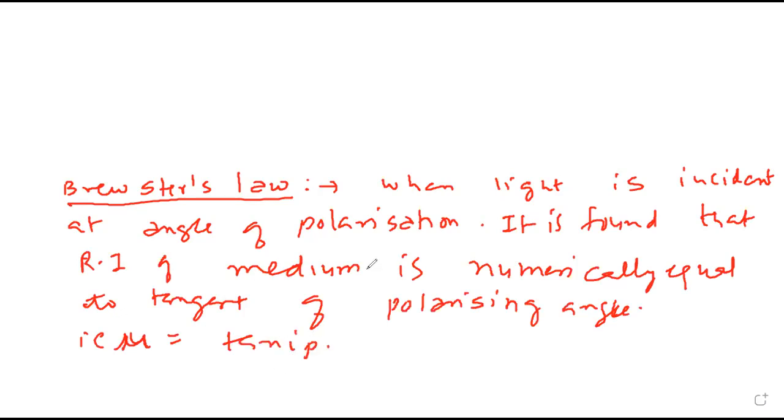Just write this, then we'll see what happens at this polarizing angle. So light is incident at angle of polarization. Refractive index is numerically equal to tangent of angle of polarization.